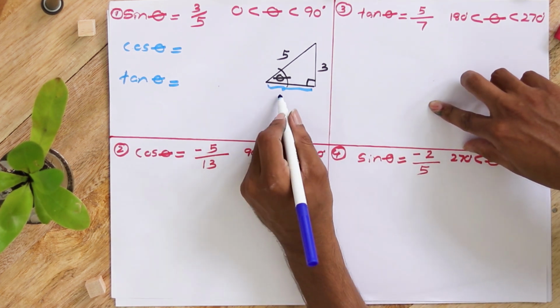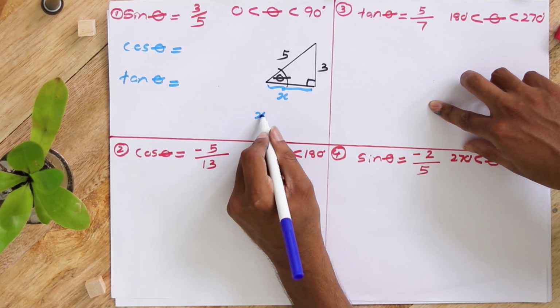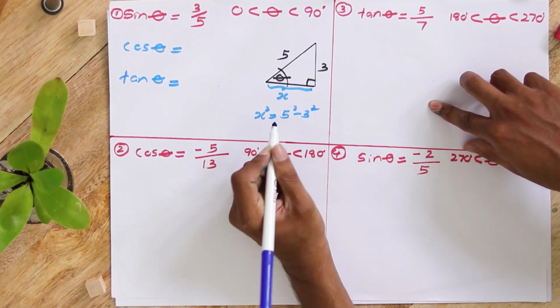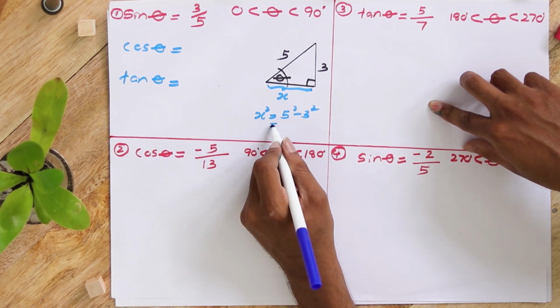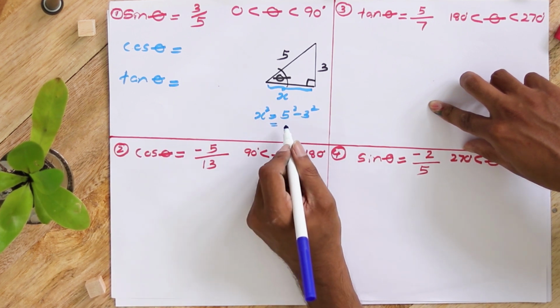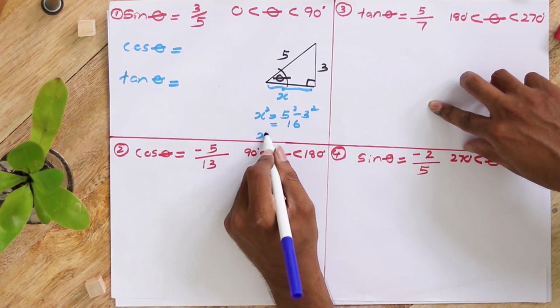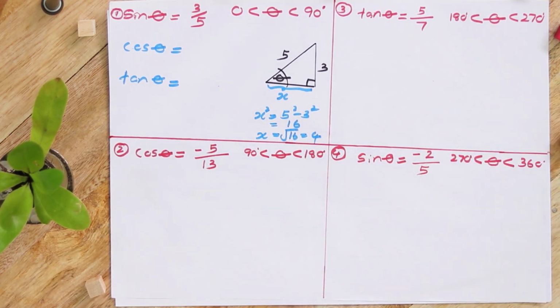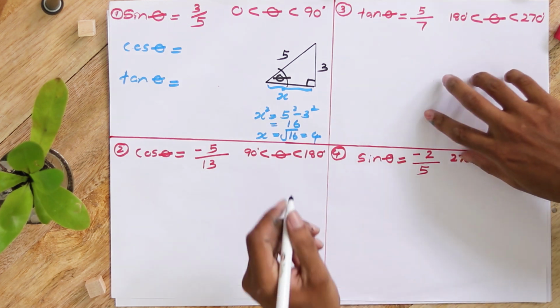Now let's say this is x, so x square is 5 square minus 3 square, which is 25 minus 9, which is 16. So x will be square root of 16, which is 4. So now here we are writing the answers. Now this is 4.